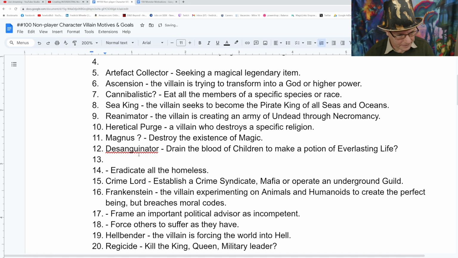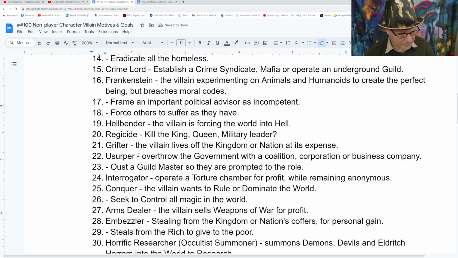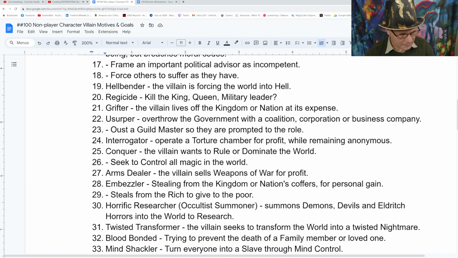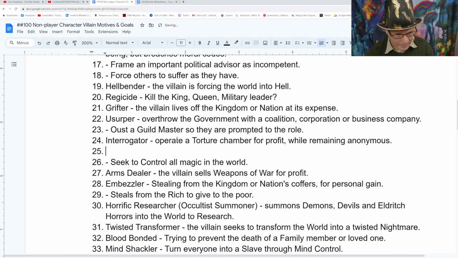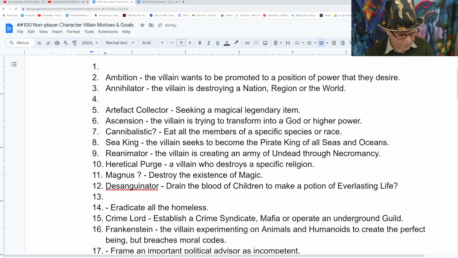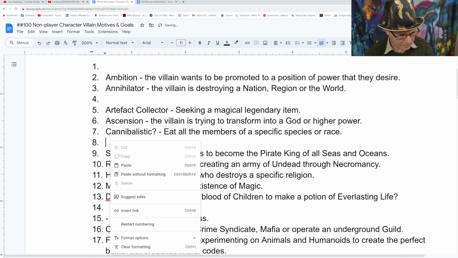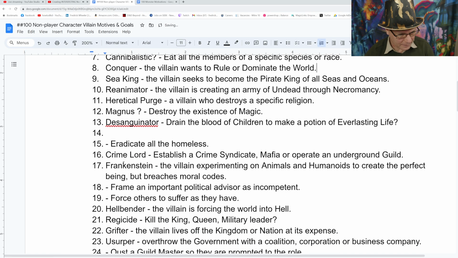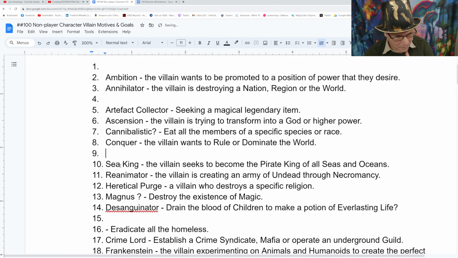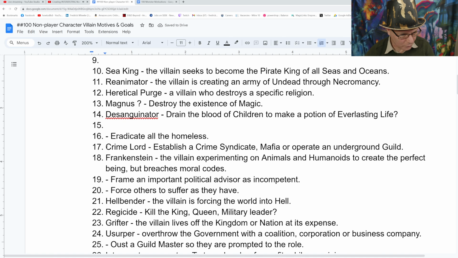And cut, paste. Okay. D, A, C, Conqueror. Cut. And drop it in. Paste. And Crime Lord.